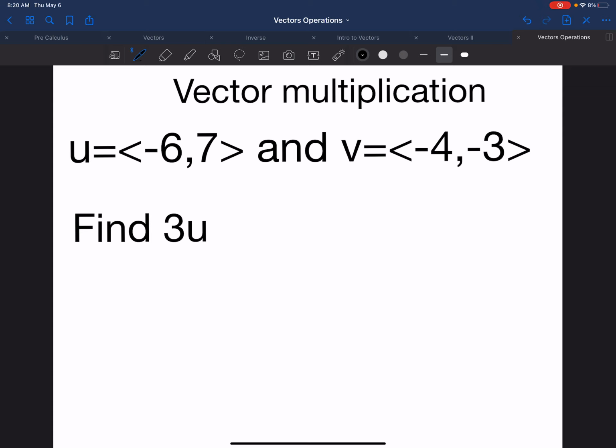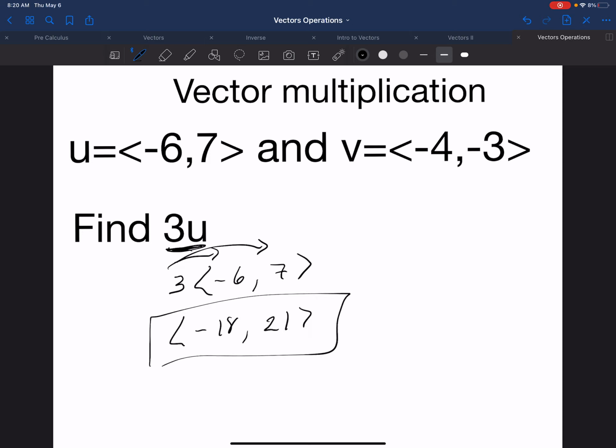In this case, since we have 3 times u, the vector will be 3 times as large as the original. Again, think of it as the distributive property. So I'm going to put my 3 times my vector u, which is -6, 7, and then distribute the 3 to both of the components. So 3 times -6 will give me -18. 7 times 3 will give me 21, giving me my final answer.